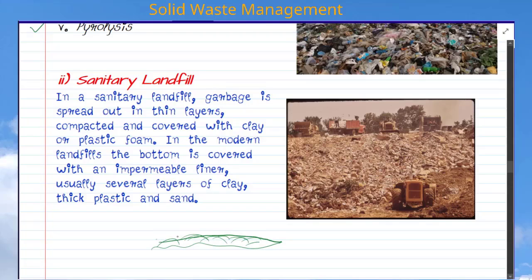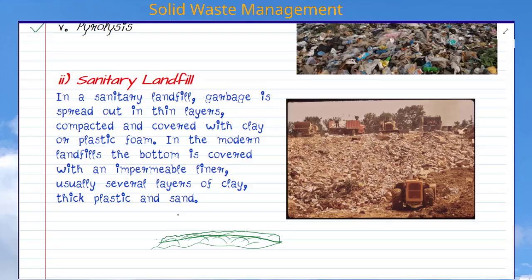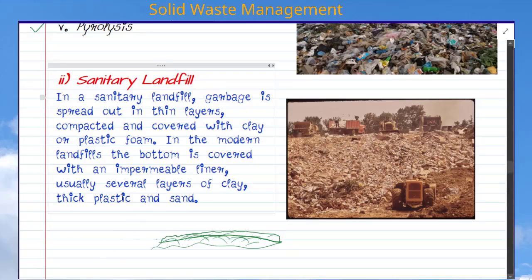Then a thin layer of soil or clay is applied, and that is again compacted with compacting equipment, so that insects, birds, or other animals cannot reach the solid waste. So it is quite safe so far as the spread of disease is concerned, since it is an engineered method of solid waste disposal.